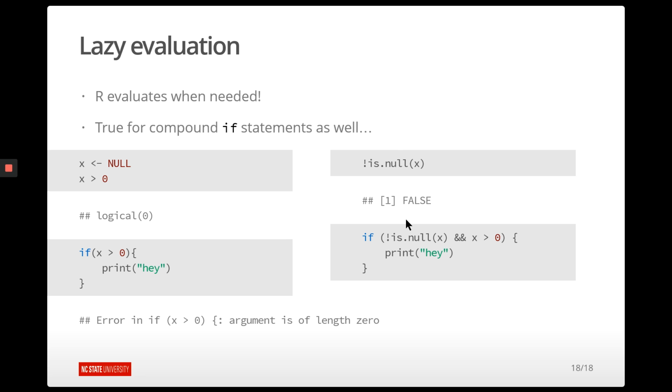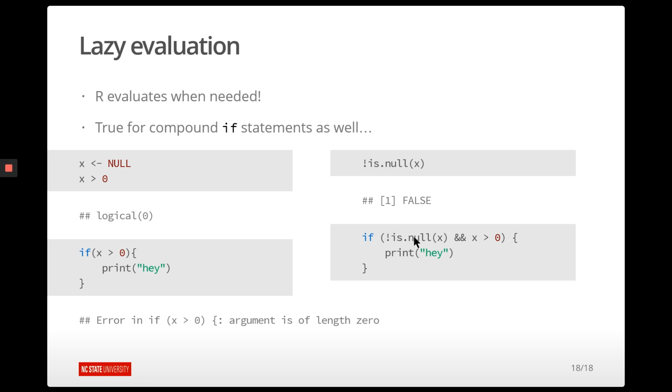So in this case, if you wanted to do this same kind of comparison, but you're not sure whether or not you're going to end up with an actual logical vector from this comparison, you could do a compound logical, as you see over here, where essentially you put the one that you know will evaluate to true or false first. So I know that this will evaluate to true or false one way or another. And if it evaluates to false, and I have an and here, R is never going to evaluate what's over here.